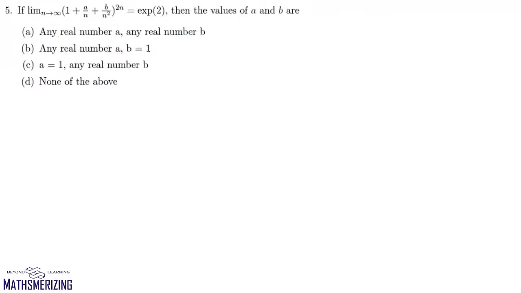And that's your option number D. Now question number 5 is, we are given this limit n tends to infinity (1 + a/n + b/n^2) to the power 2n, and it is equal to e^2. We need to find the value of a and b. Now this is 1 to the power infinity form.